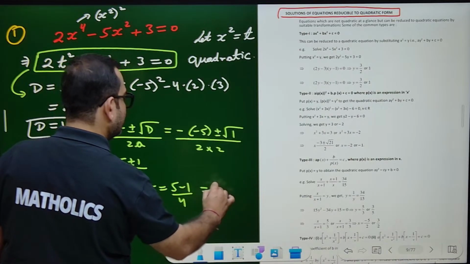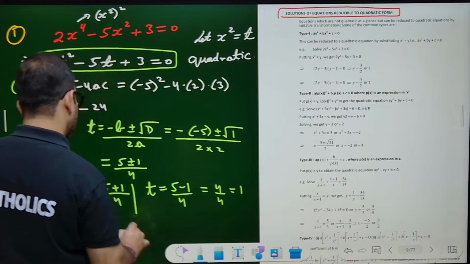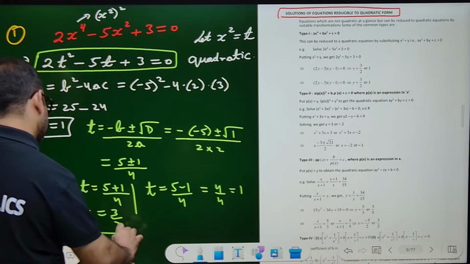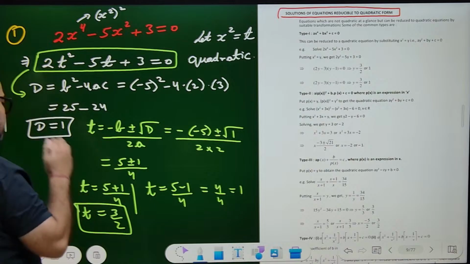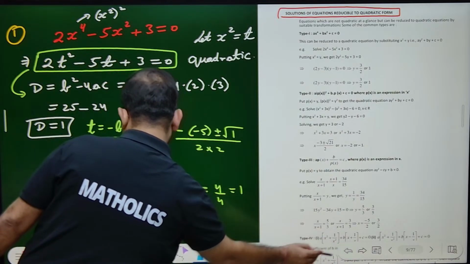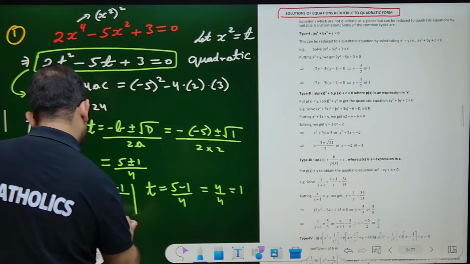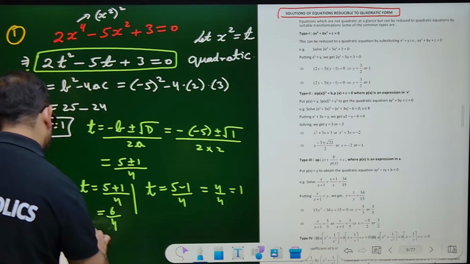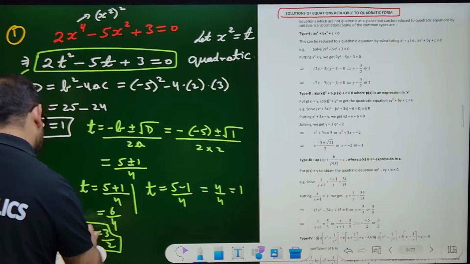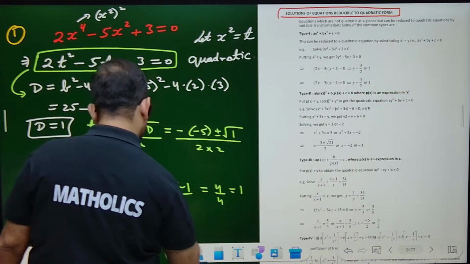So 5 minus 1 by 4 is 4 by 4, that means 1. And 5 plus 1 is 6 by 4, you reduce it, you get t equals 3 by 2. And here t equals 1.